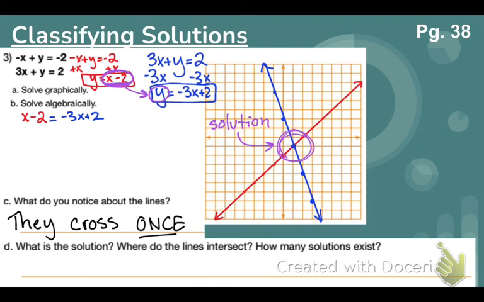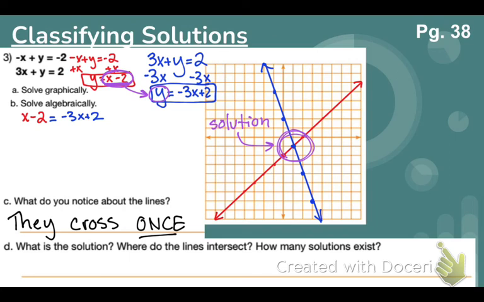How many variables do I have in this line? 1. Which variable do I have in this line? Yeah, so I just have that one variable. That's what we're going to solve for now. So what would I do to solve for x? So I heard add 3 or subtract x.